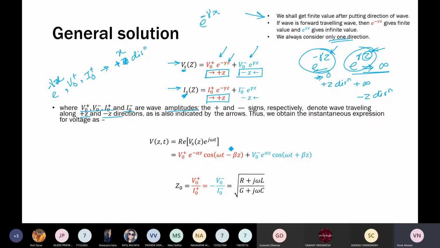Thus, we obtain the instantaneous expression for voltage. Whenever we say instantaneous voltage, we are talking about the value at a particular moment in time. When we talk about the complex term, the instantaneous value of any term can be expressed as the real value of the complex term.